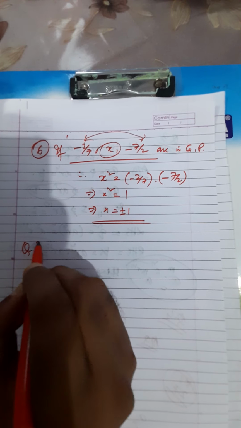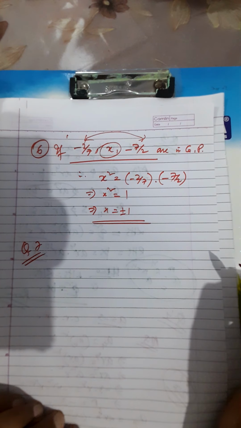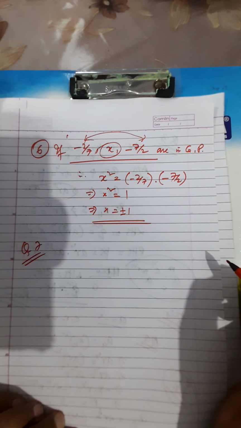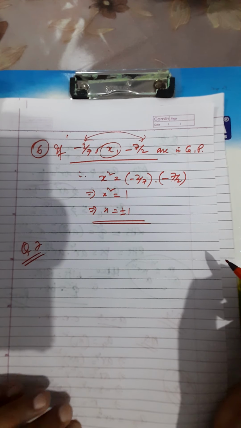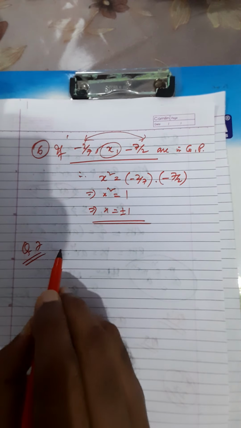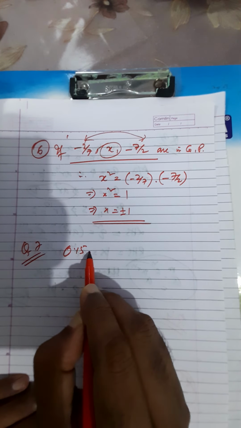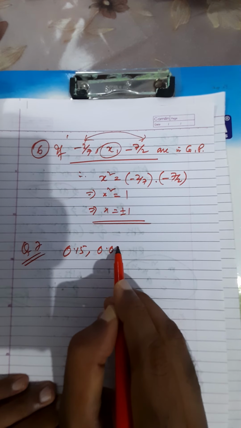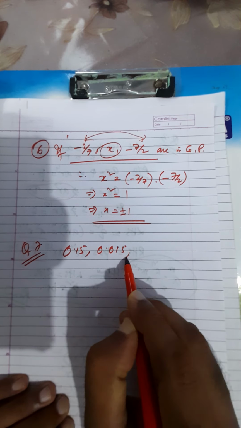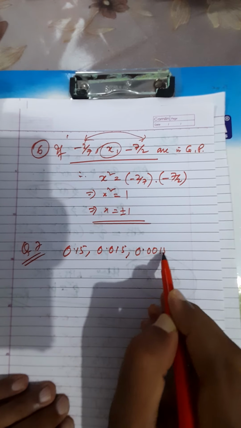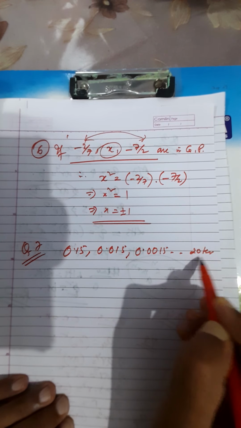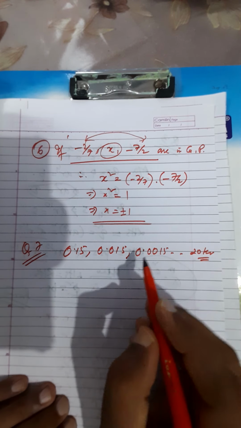Question number 7. Find the sum of the indicated number of terms in each of the following geometric progressions. The geometric progression is 0.15, 0.015, 0.0015 up to 20 terms. We need to find S20.